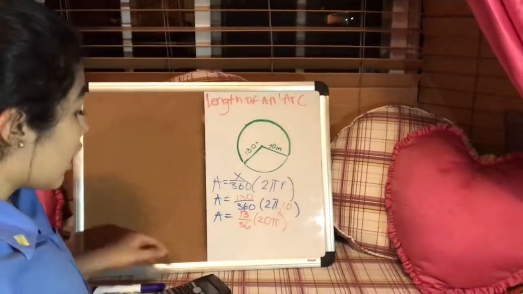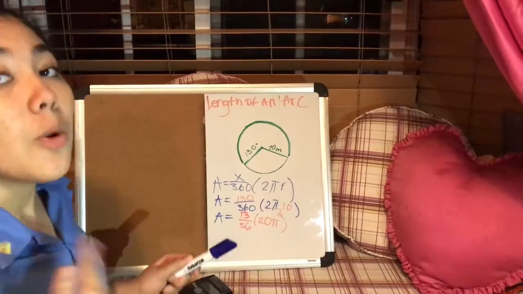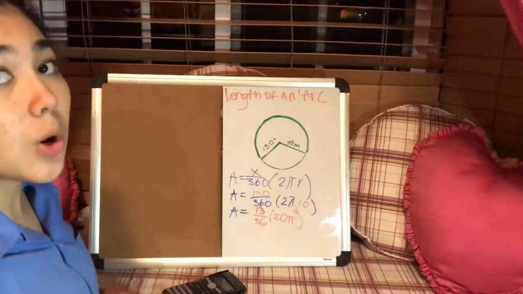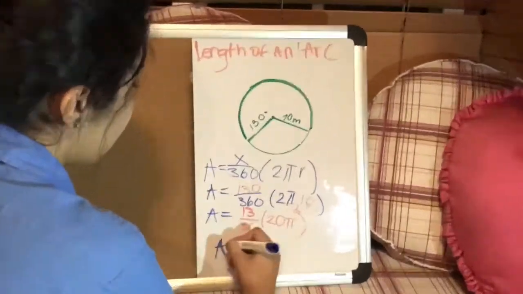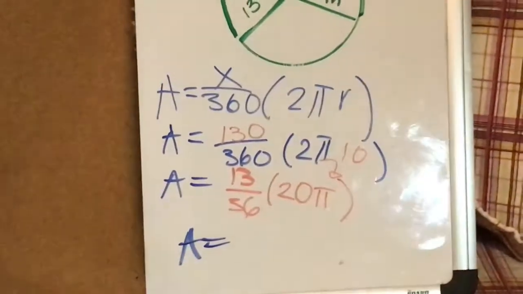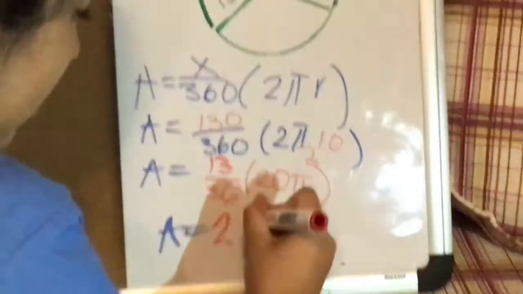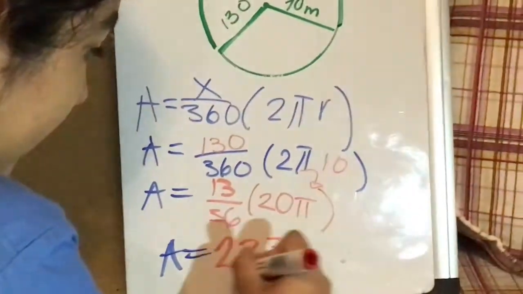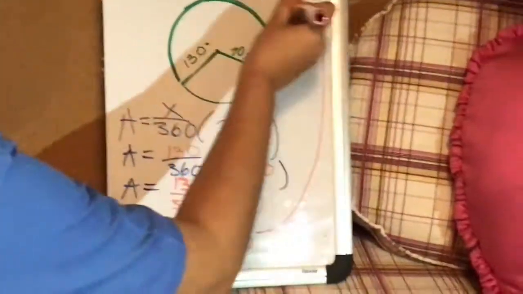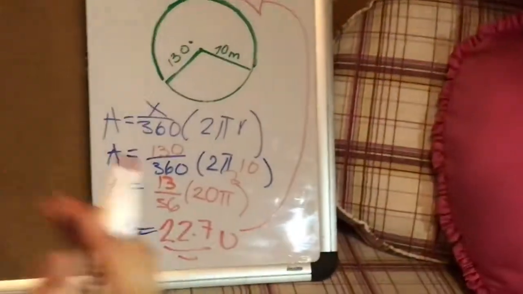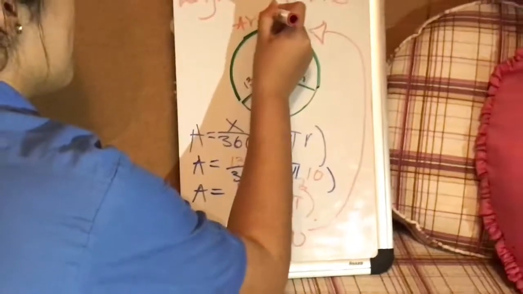Because it is a decimal, it's better if we round it. So we're going to use 22.7. So A is equal to 22.7 units. This is what this part of the circle, the arc, measures.